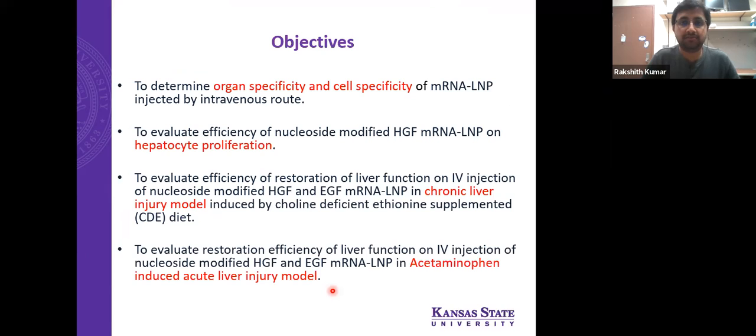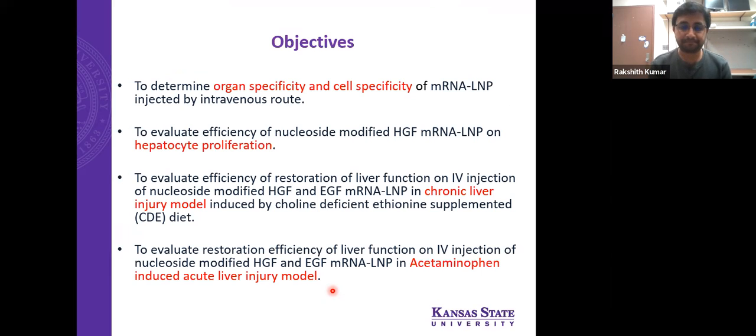Coming to the article, the objectives are to determine the organ specificity and cell specificity of mRNA lipid nanoparticles injected by the intravenous route, and to evaluate the efficiency of nucleoside modified hepatocyte growth factor encoding mRNA on hepatocyte proliferation, meaning how this mRNA will perform once we inject it through the intravenous route.